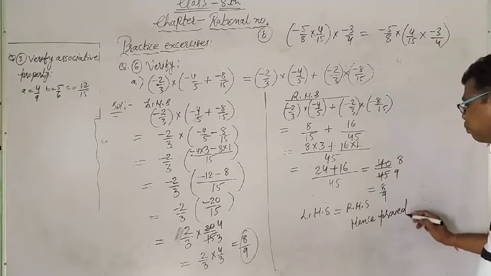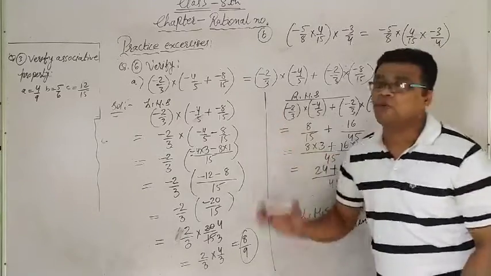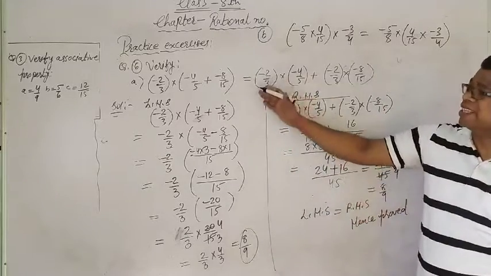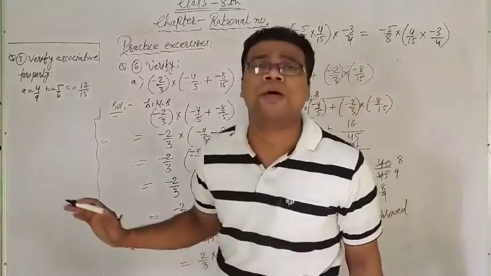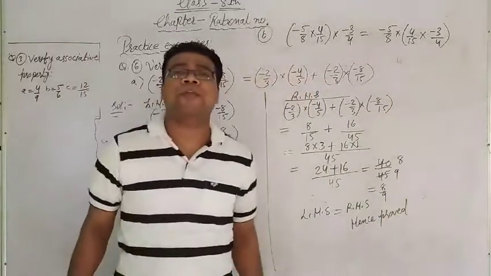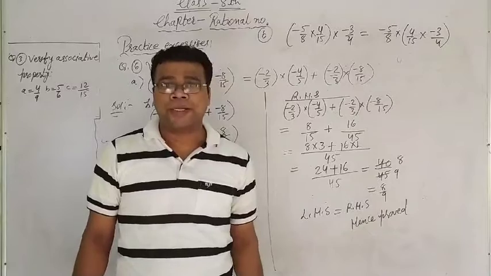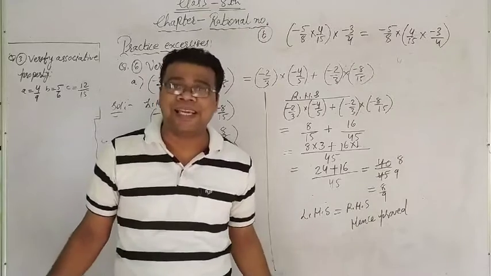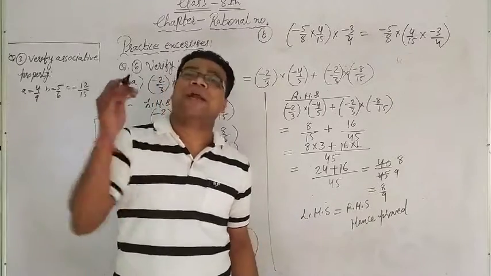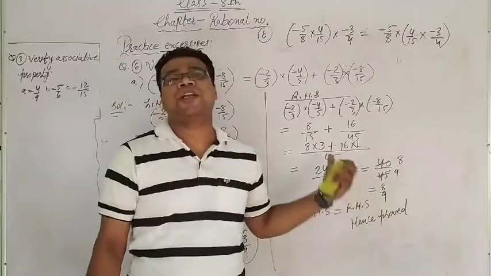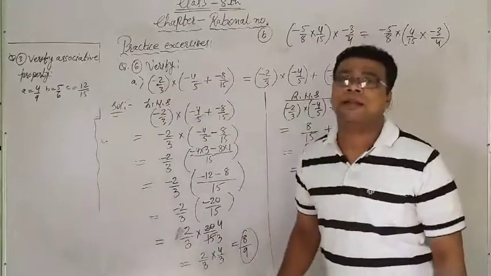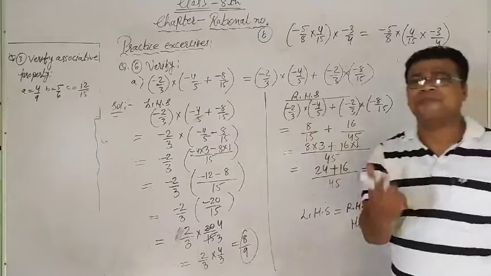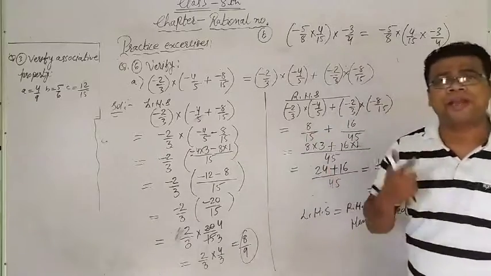In this way we have proved that both are equal to each other. Things are little lengthy, no problem, but the concept should be very much clear so that you can solve the question nicely. Okay? Practice so many other questions which are given in your book, and this is a little difficult question. So practice more and more.